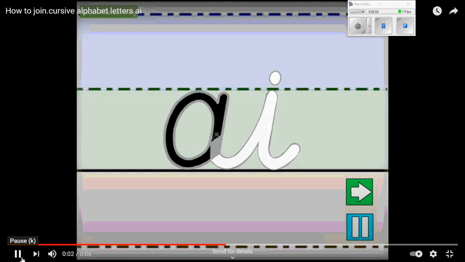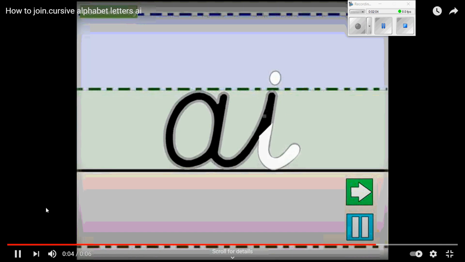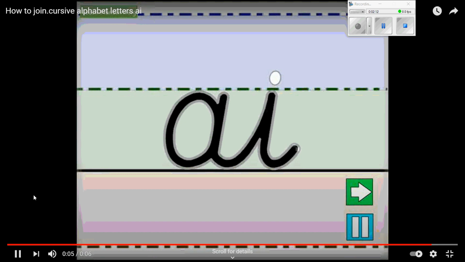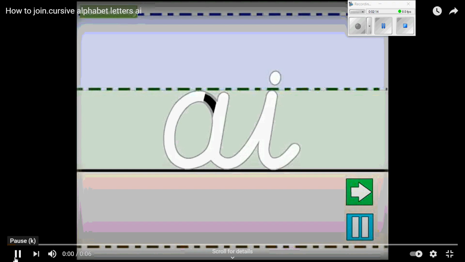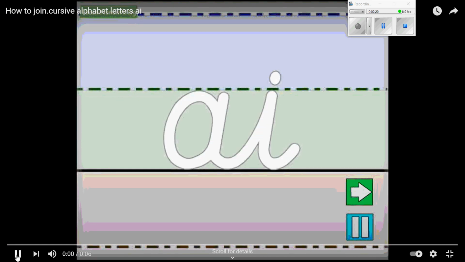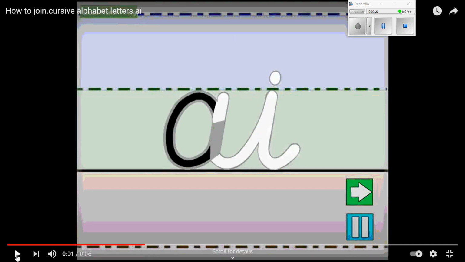Round, up, down, up the eye, down the eye, and dot. Let's look at it again. Round, up, down, diagonally, up the eye, down, and dot. Once more. Round, up, down, down the eye, and dot. I will just pause it there now. So if you could have a go at doing a row of those as well, please.